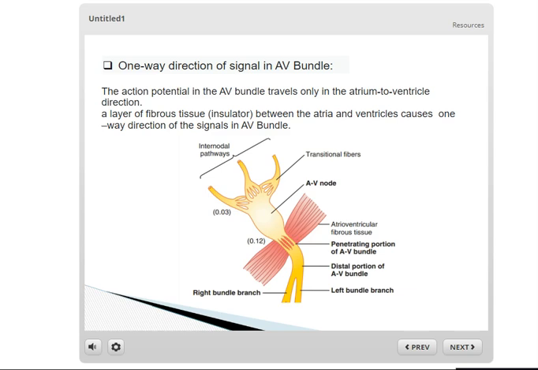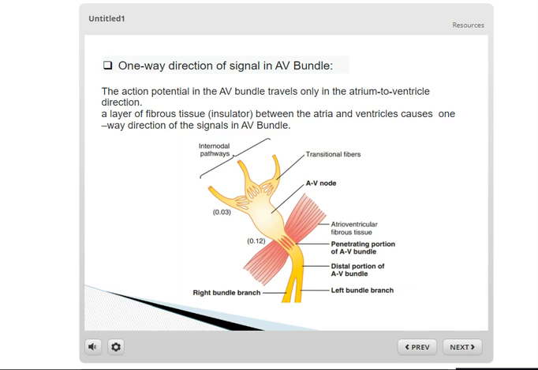The action potential in the AV bundle travels only in the atrium to ventricle direction. This one-way direction of signal conduction is caused by a layer of fibrous tissue, the annulus fibrosus, located between the atria and ventricle.